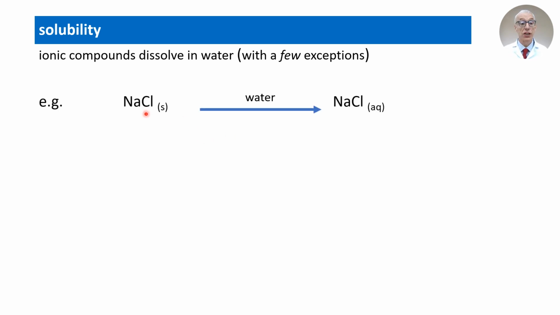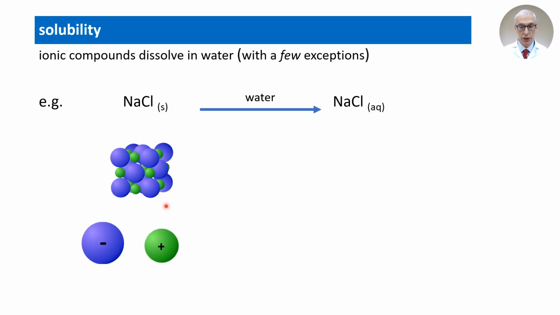We would write that as an equation, NaCl, for instance, sodium chloride. Action of water gives us a solution, sodium chloride (aq). So here is our solid, our giant ionic lattice with negative and positive ions. The lattice is broken down by the action of water, so the ions are separated by the action of water.